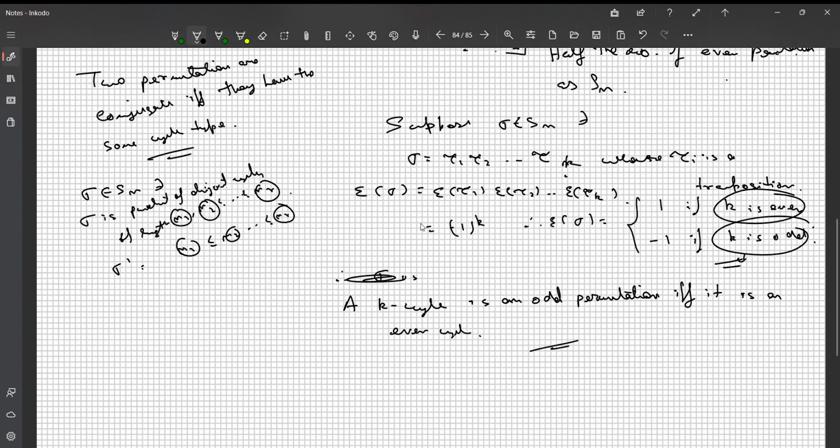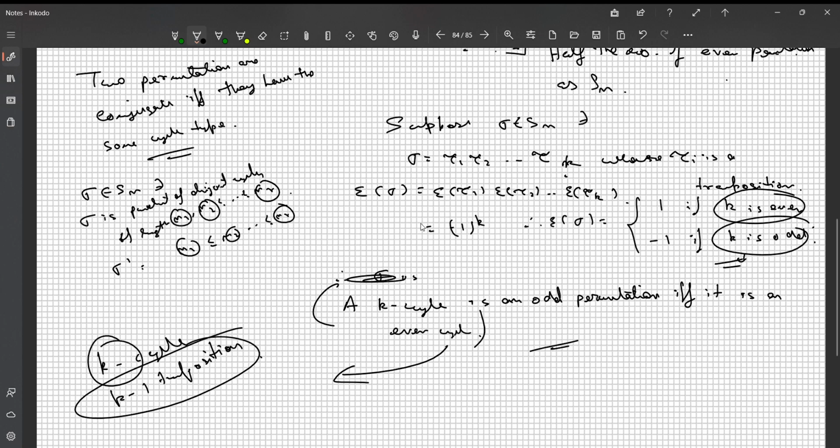So on a similar note, we can also say that a permutation sigma is odd if and only if the number of cycles of even length in its cycle decomposition is odd, right? This is eventually giving us the very definition we started with: if you have a k cycle, then you have k minus 1 transpositions.